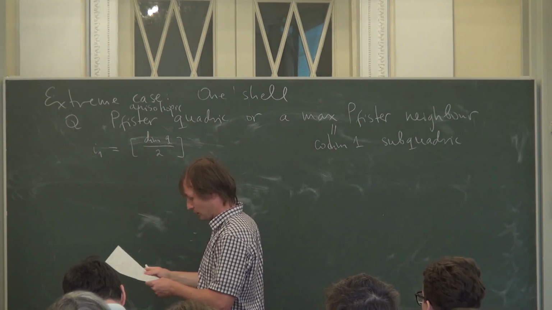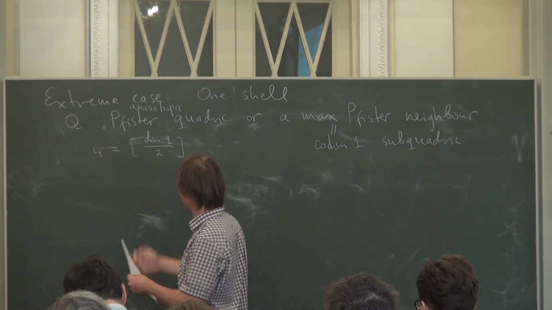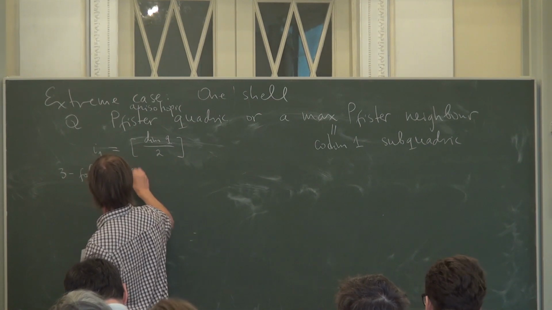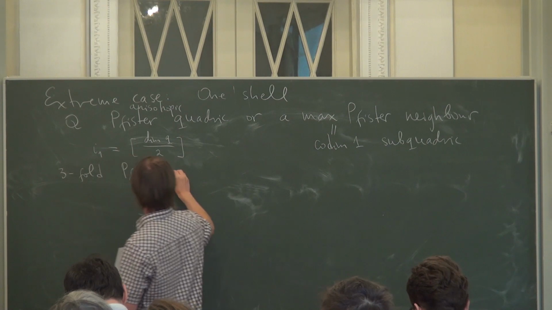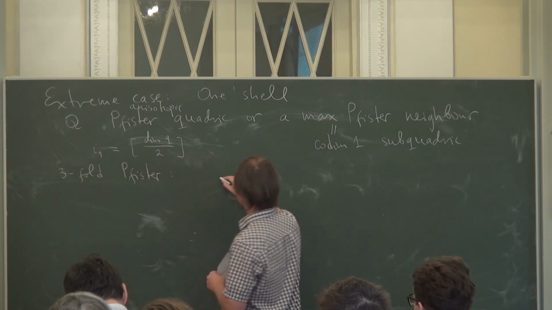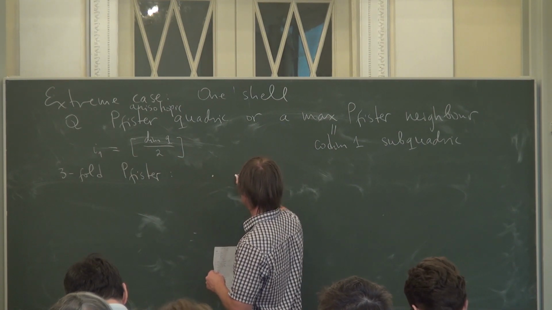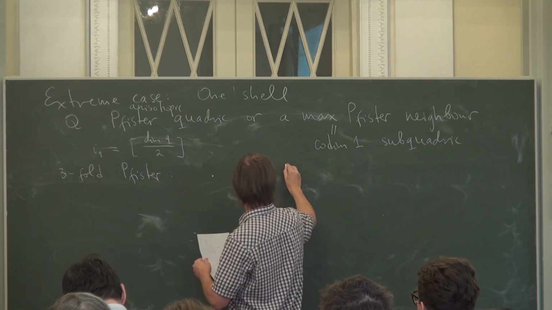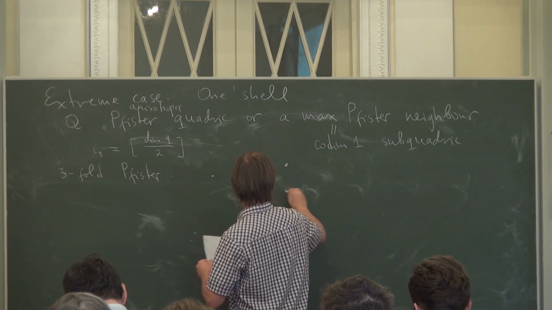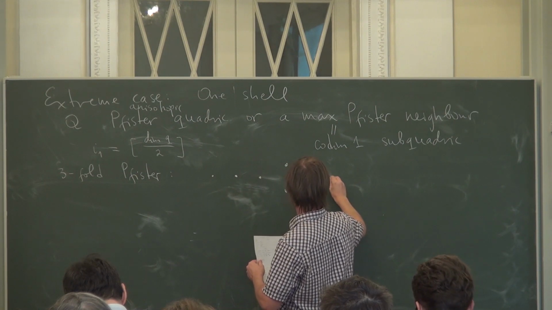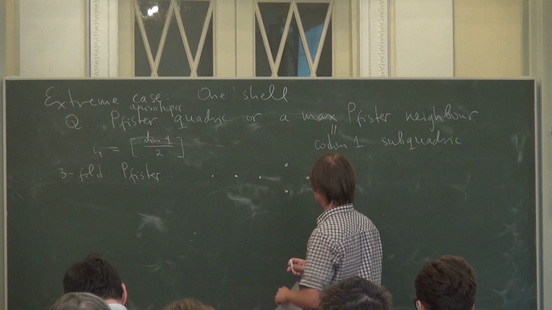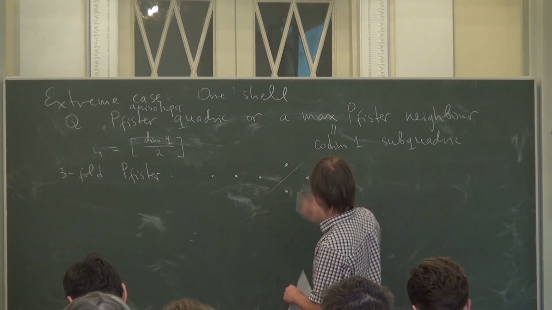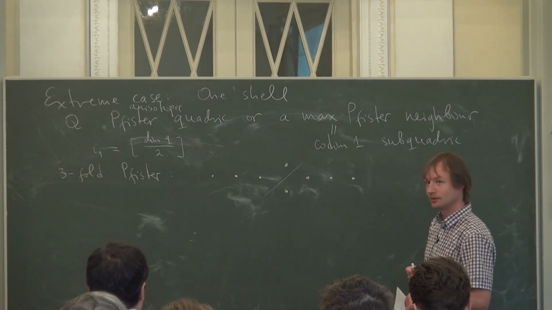So let's take as an example a threefold Pfister form. So then it will be a 6-dimensional quadric. Well, and so this is a subdivision into shells.